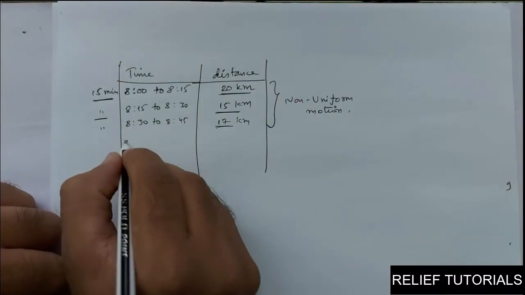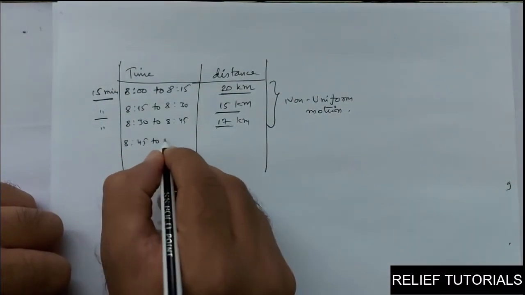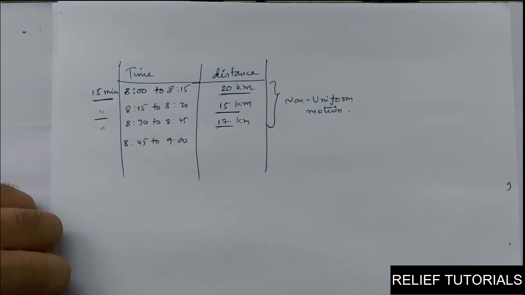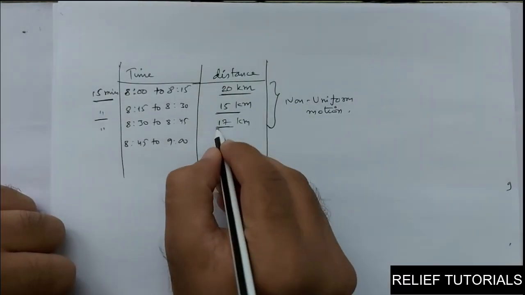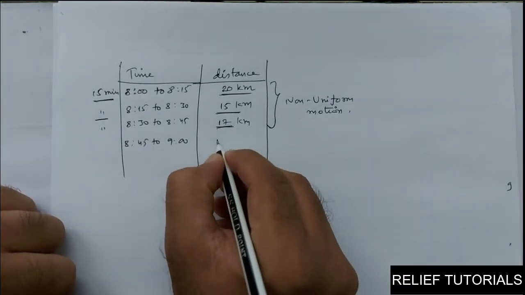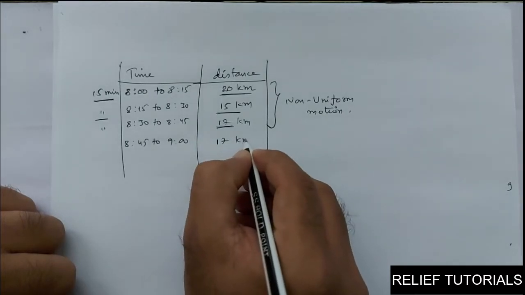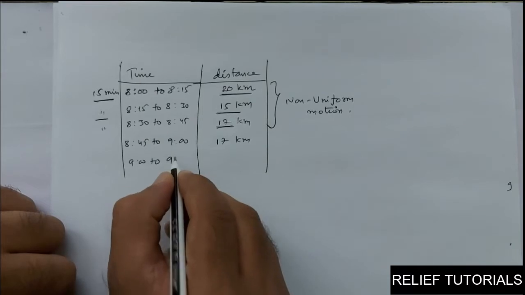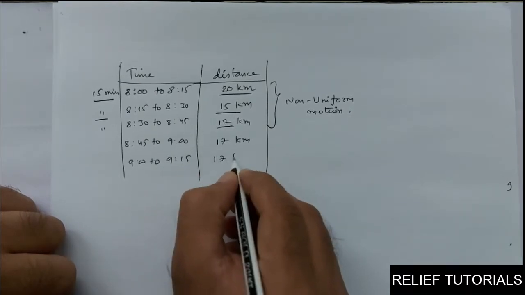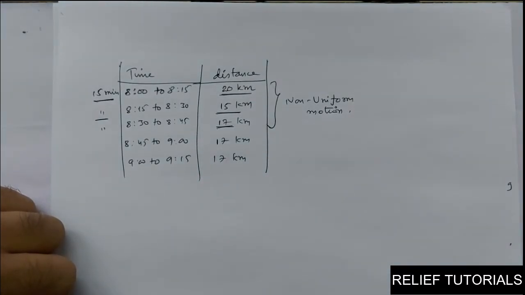Okay. Now let us consider from 8:45 to 9. Now your car is on the highway, so there are no hurdles and you are traveling with constant speed. Let us say your car has traveled 17 kilometer distance. From 9 to 9:15, again your car has traveled 17 kilometer distance.